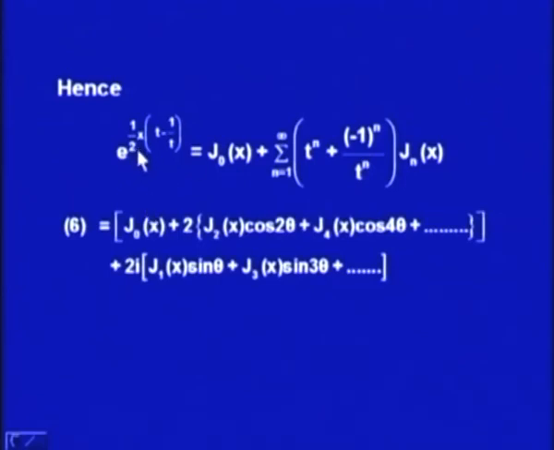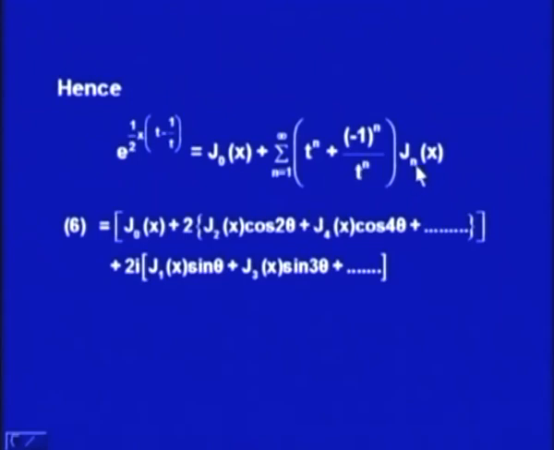Hence, the generating function e to the power half x (t minus 1 over t), which is equal to J naught x plus sigma n equal to 1 to infinity t to the power n J n x plus sigma n equal to 1 to infinity (minus 1) to the power n over t to the power n J n x, will be equal to J naught x plus 2 times J 2 x cos 2 theta, J 4 x cos 4 theta and so on, because when n is even here, t to the power n plus (minus 1) to the power n over t to the power n becomes 2 cos n theta.